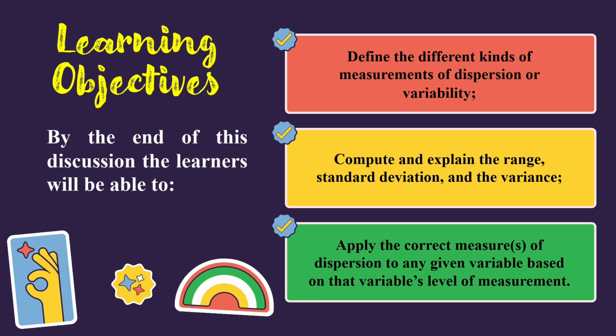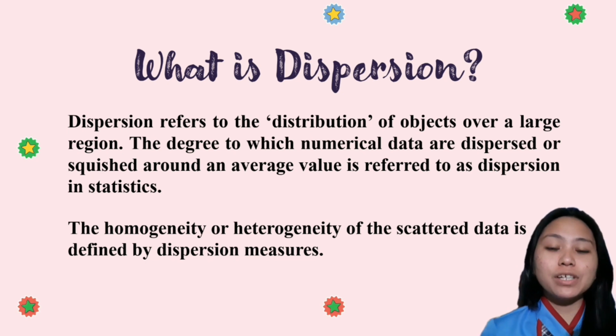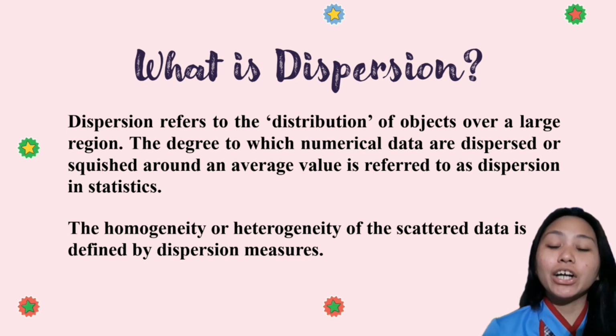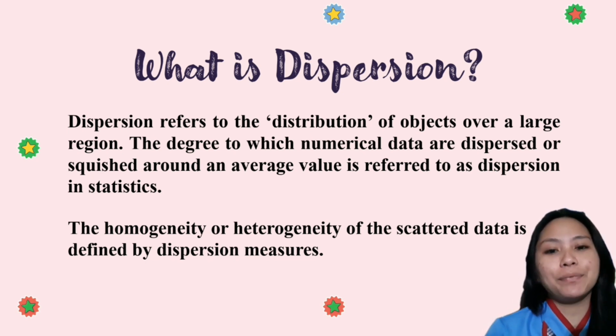And then apply the correct measure or measures of dispersion to any given variable based on that variable's level of measurement.